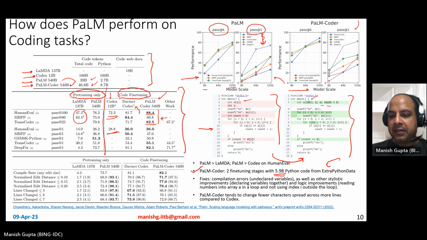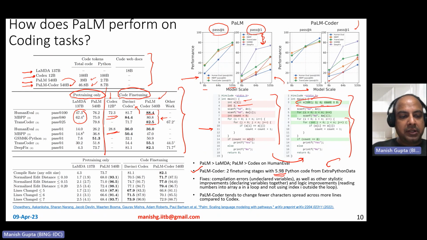You also observe other stylistic improvements like declaring variables together. So they've all been put together. Logical improvements like reading numbers into array A in a loop, and not using index i outside the loop. So those are logical improvements. Basically, the model improves significantly in terms of code quality, and also, of course, leads to compilable code. Okay.